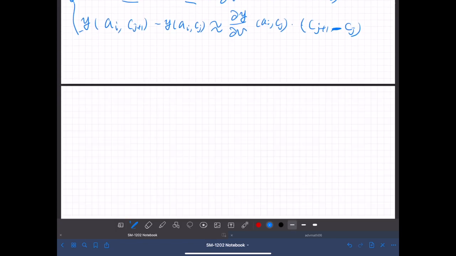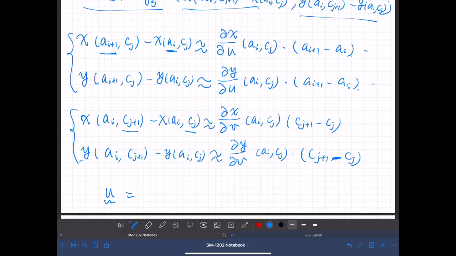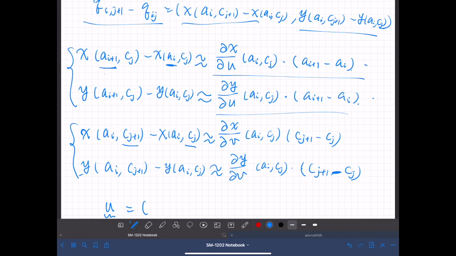So let's define a couple of vectors, and let's call it u, consisting of this and this. So let's write dx/du as x subscript u.